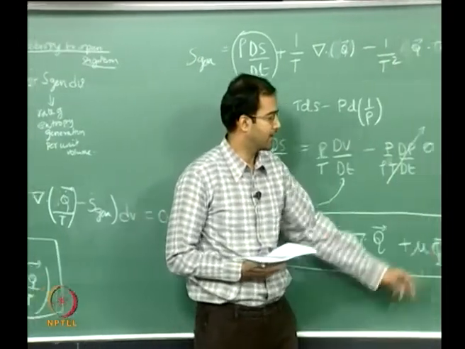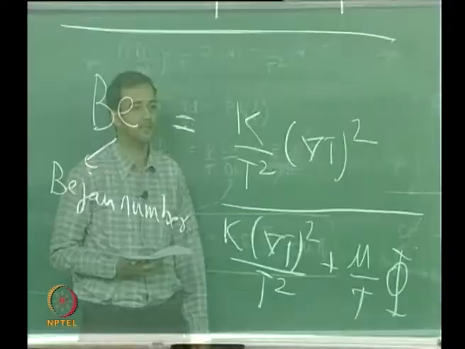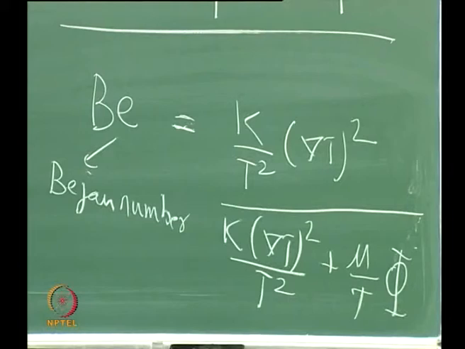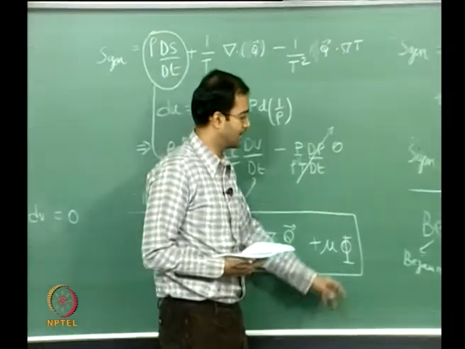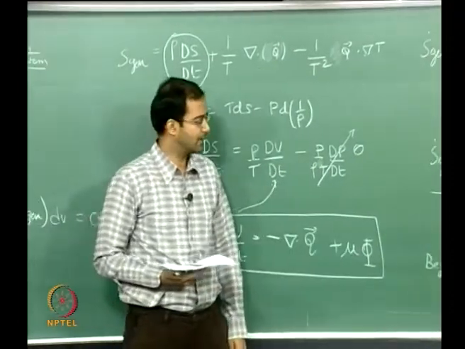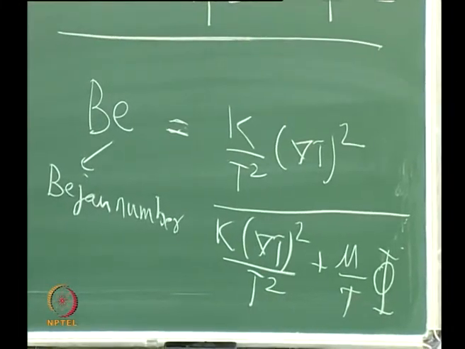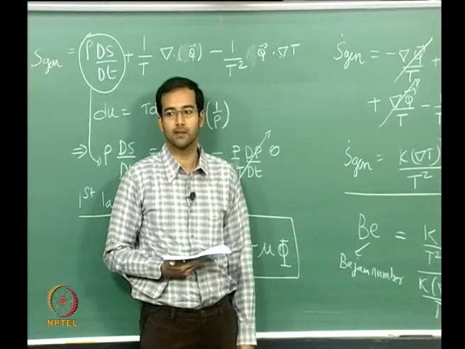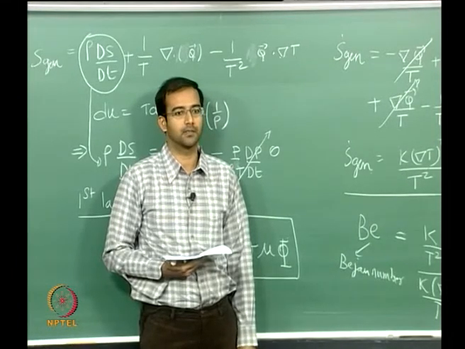The Bejan number was given due to his contribution for this work particularly. This measures the share: if your Bejan number is some value, say about 2, it tells you that the majority of entropy generation is through conduction. And if it is much lesser than 2, it tells you the majority of entropy generation is through viscous dissipation.